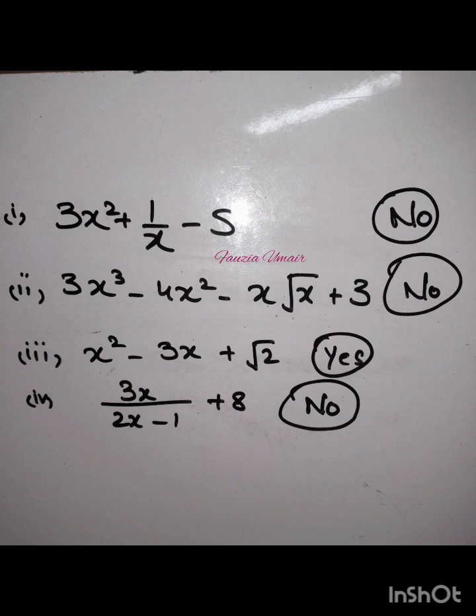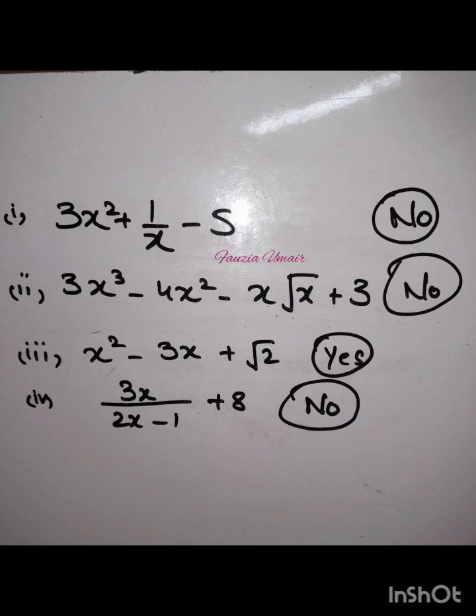So I hope things are clear. The second and third parts are different from each other. In the second part, there is a variable in the square root, but in the third part, there is a constant value in the square root, so that makes the two questions different. You should be very clear about it.